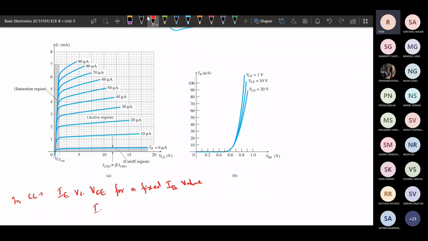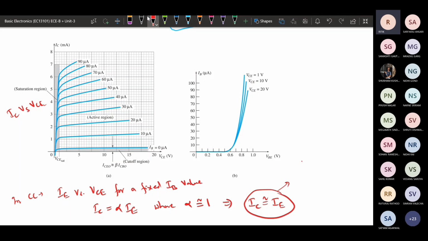But we know IC is equal to alpha times IE, where alpha is approximately equal to 1, which implies IC is approximately equal to IE. So if this is the case, then in common emitter we have already plotted IC versus VCE, and from here IC is equal to IE.